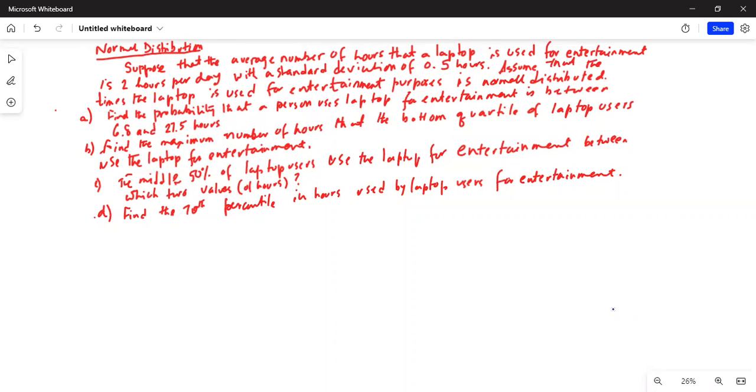Part A, find the probability that a person uses laptop for entertainment is between 6.8 and 27.5 hours. It wouldn't be 27, it should be 21.5 hours and not 24 hours in the whole thing. So it should be whole day. So 6.8, and actually this is 1.8 and 2.75.